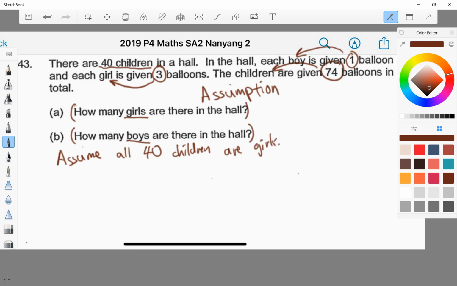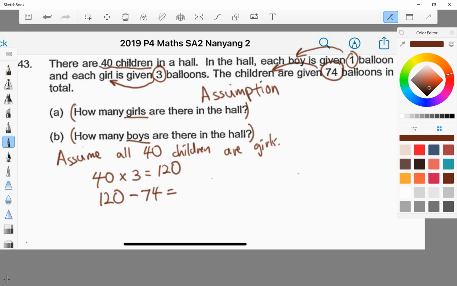When that happens, the total number of balloons will not be 74. It will be 40 times 3 to give us 120. And we will subtract away the actual total: 120 minus 74.